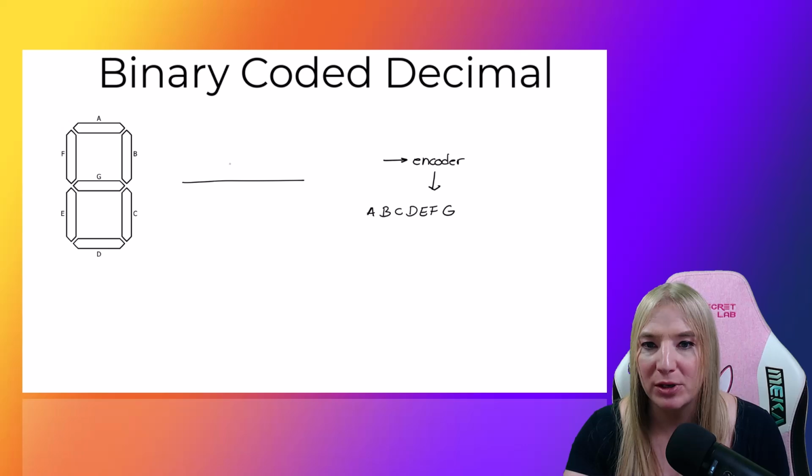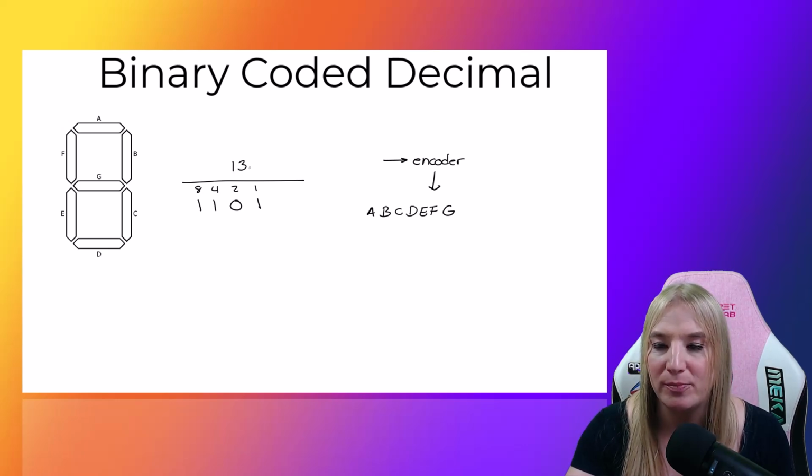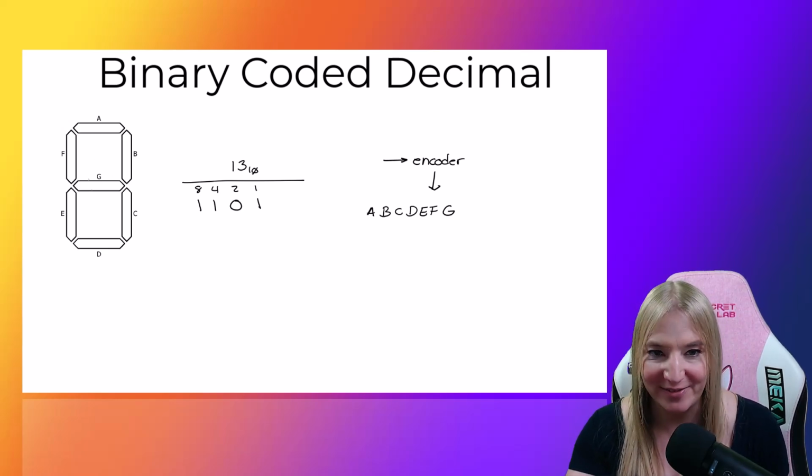Let's say something goes wrong in the transmission of these bits, so we end up with this. If we convert this over to 4, 8, this is actually 8 plus 4 is 12, plus 1 is 13, so this is actually 13 in base 10 decimal. Well, we can't make a 13 happen here. There's no way to do that, right?